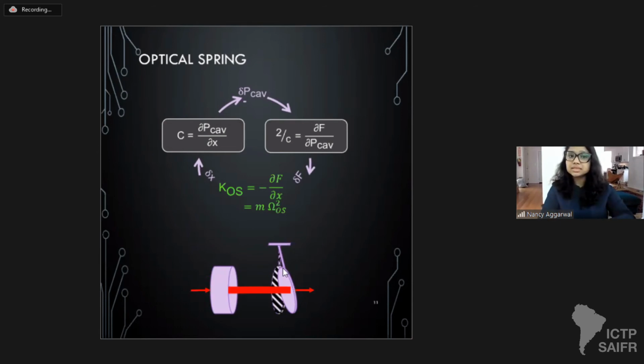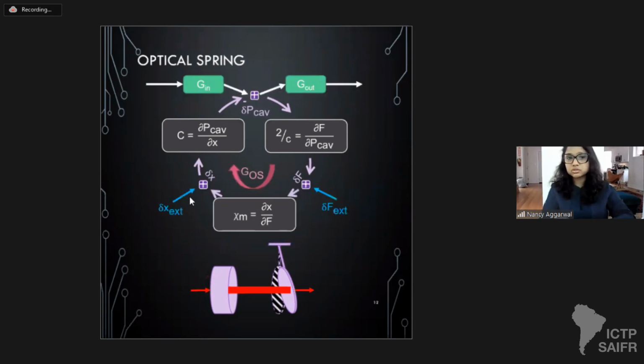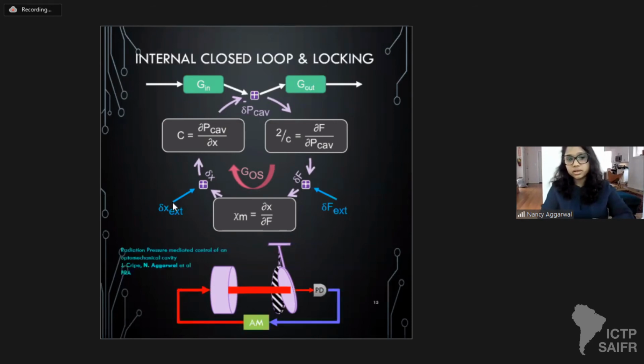Now, the interesting thing is that if you have a moving mirror, that will convert the force back into displacement. So that creates this closed loop that's closed by the mechanical susceptibility of this oscillator. And now this closed loop, depending on the optical spring constant and the detuning, can have a stabilizing effect, in fact, and we use the optical spring to actually lock our cavity.